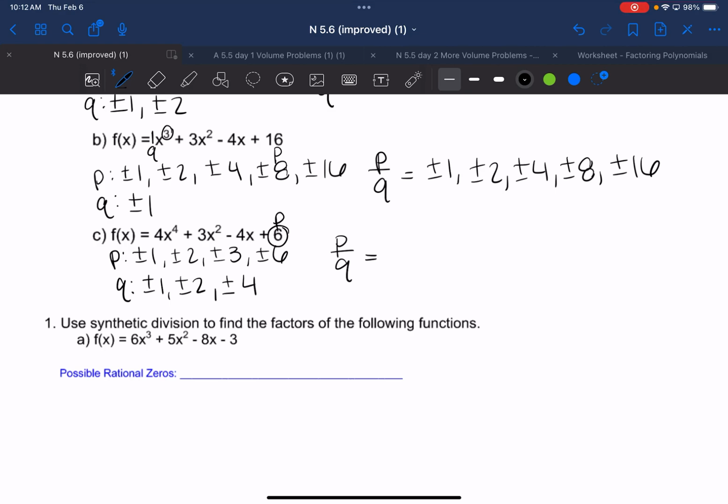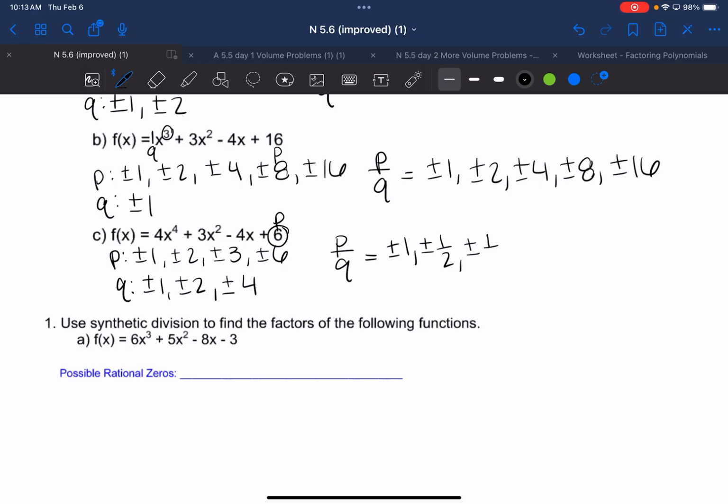And what's that going to simplify down to? Right, so just 1 for that first one. Okay, let's say we keep the 1 for P and we trade it for our next possibility of Q. What's that going to be? 1 over 2, okay.